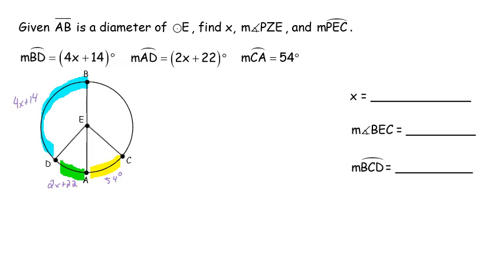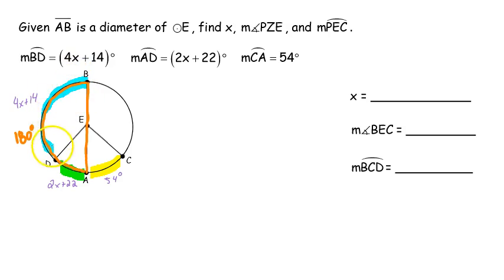So this is where it's really important that we recognize, back to our circle vocab, that this segment, BE, is a diameter, and the diameter cuts your circle in half, creating an arc over here that is exactly 180 degrees. That's what we can use to solve for x.